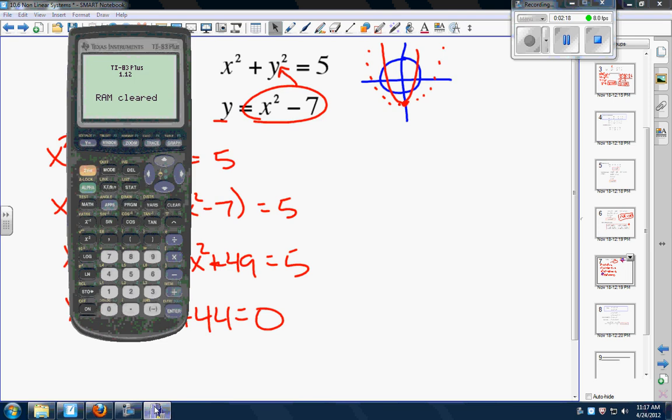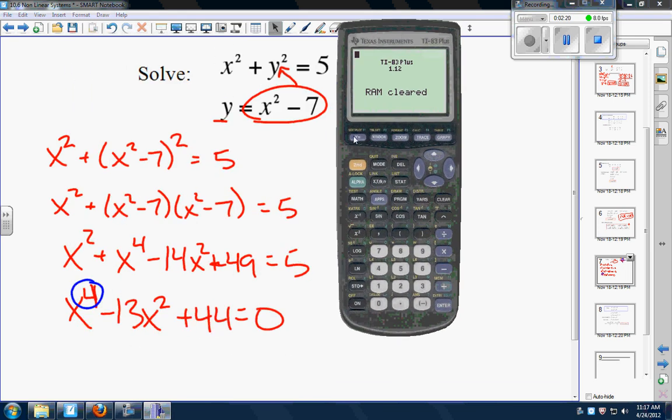So here's what I'm going to do. Just take this, plug it right in your calculator. See if I can intersect it with a 0. Okay, so we know things to the 4th power are like parabolas.